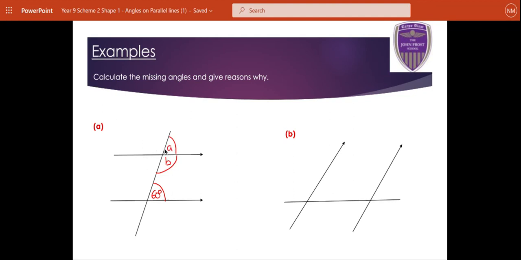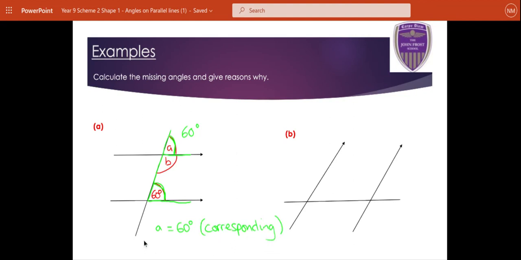So because this top one is labeled as A, I would try and figure A out before I try to do B. For A and the 60, hopefully you can spot that this is like an upside down F. So that angle of A and that angle of 60, they're corresponding angles. So that means A must be 60. So you write A equals 60 degrees and you write corresponding as your reason.